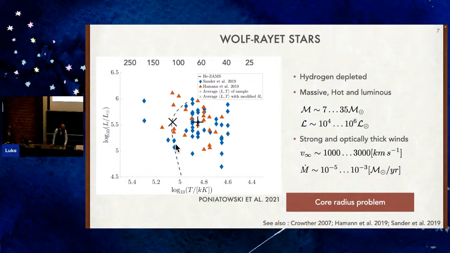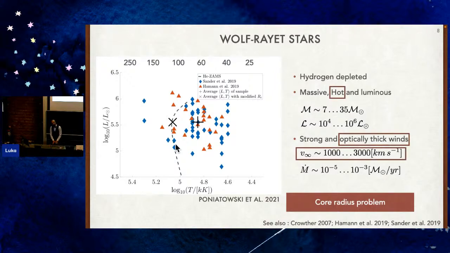What I would like to ask you to remember are these three points: Wolf-Rayet stars are hot, they have strong winds, and they have optically thick winds. I mentioned this term a couple of times, and I think I should explain what it means. An optically thick wind refers to the situation where so much mass is driven through the wind that the wind itself obscures the star from direct observations.